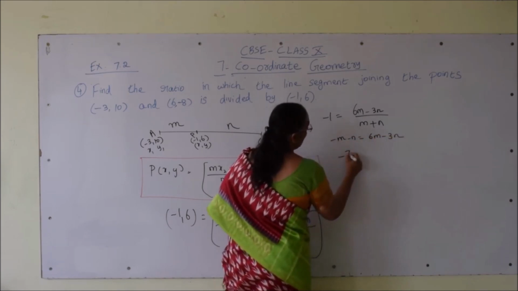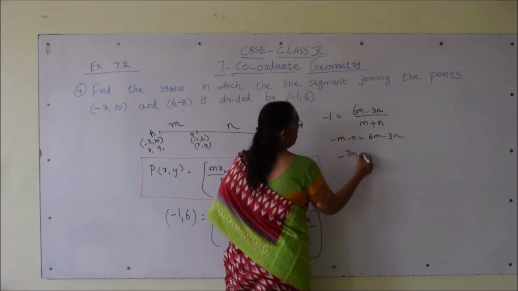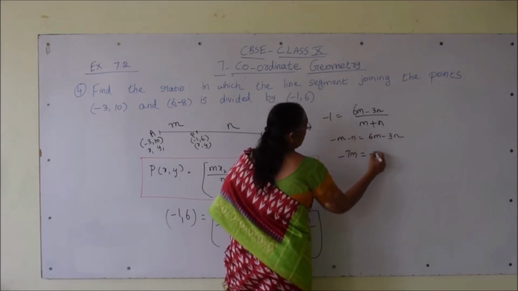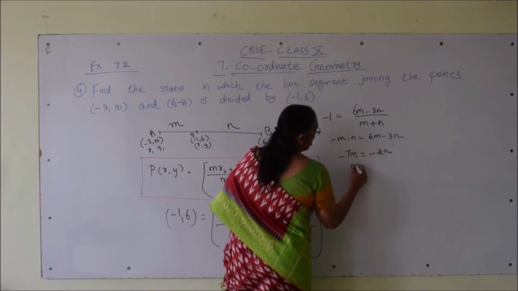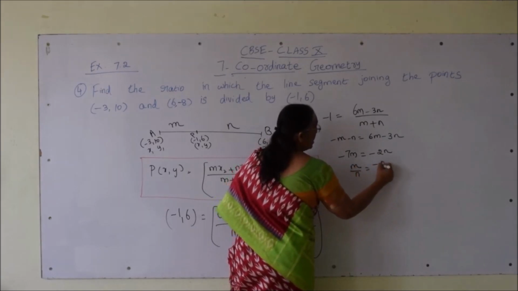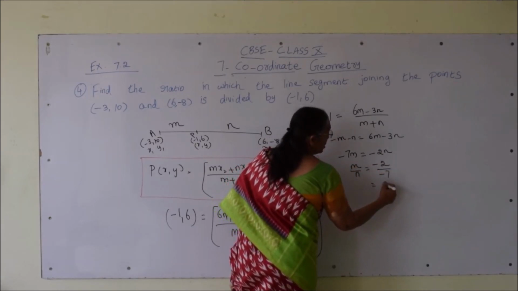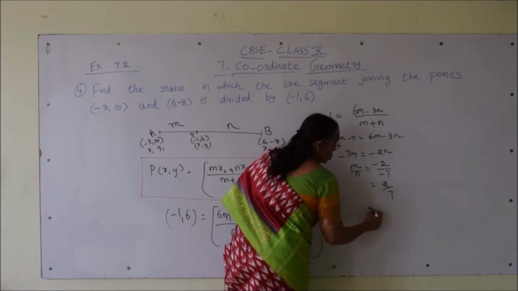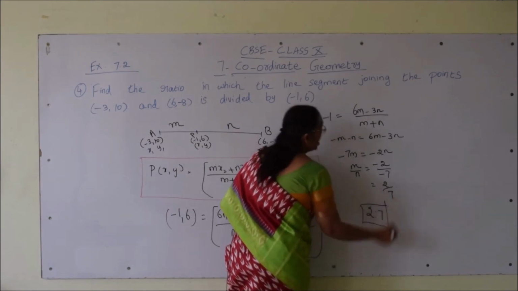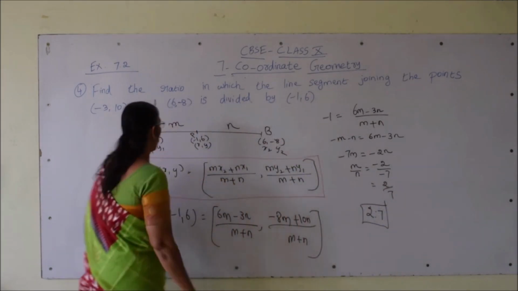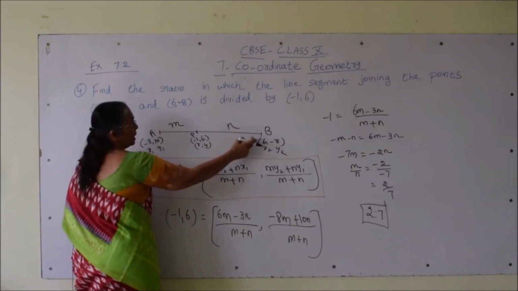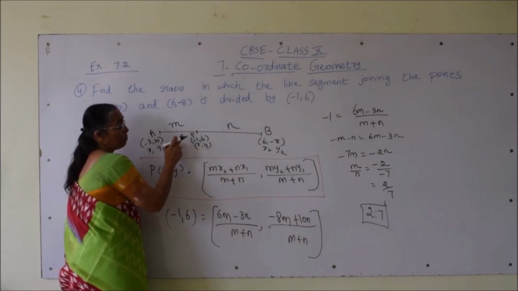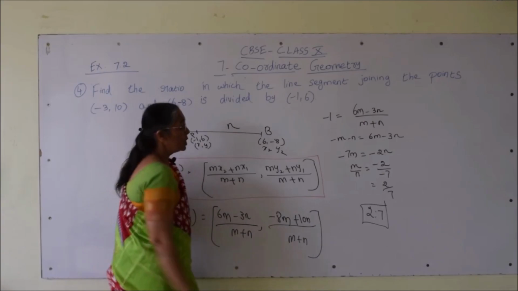If I bring m here, minus 7m equals minus 2n, or m by n is negative 2 by negative 7, which is 2 by 7. So the ratio in which the line segment joining the points A and B is divided by the point P is 2:7.